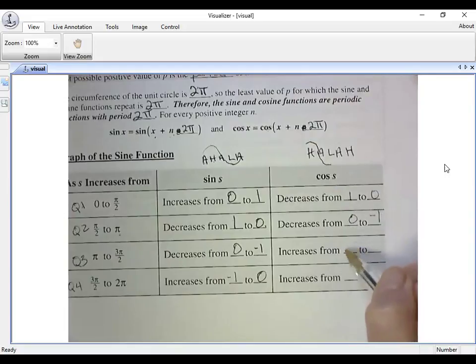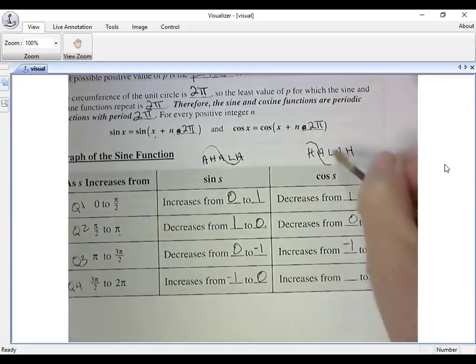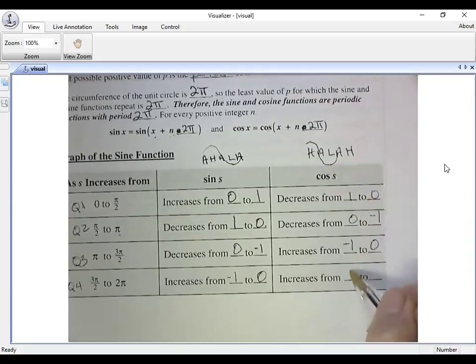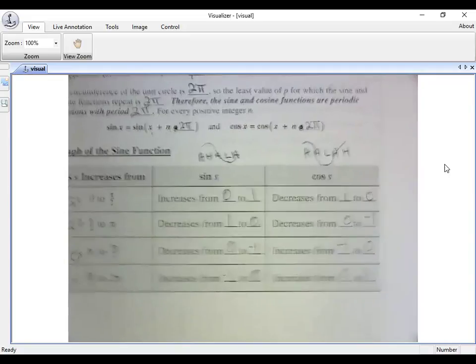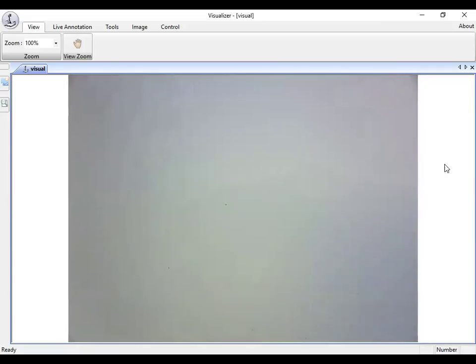Quadrant 3, we go from low to 0. And then quadrant 4 is back to 1. Okay, so notice we keep coming back. We're going to re-summarize over and over until it sort of sticks. Some of us have different sticking points, I'll put it that way.